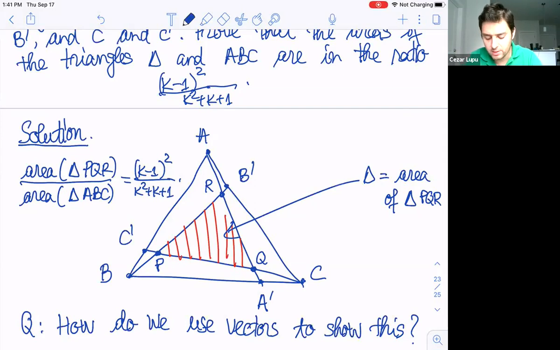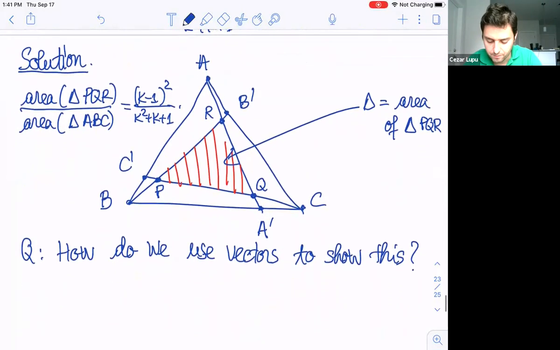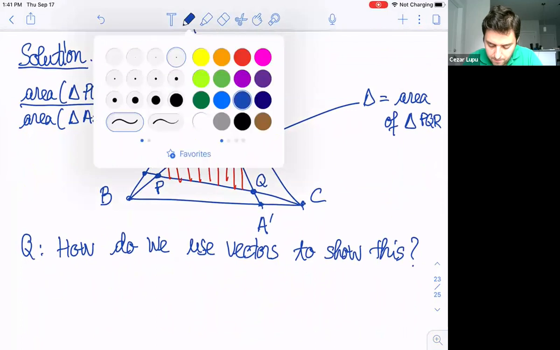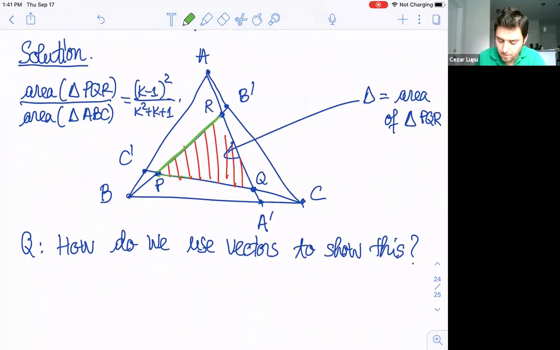We need to look at this picture very carefully. So I need some information about these points here. Look at this one, maybe this one, maybe this one here.